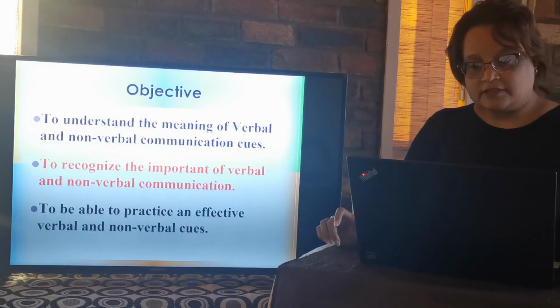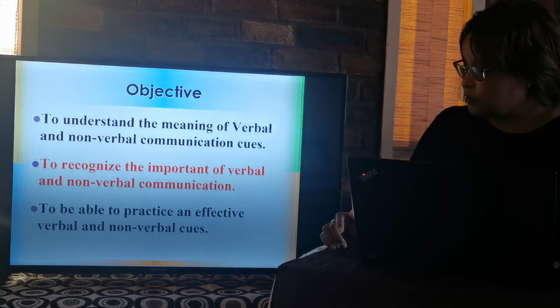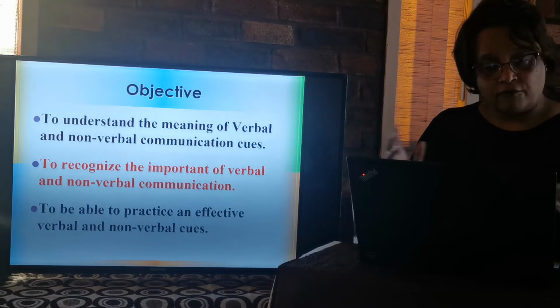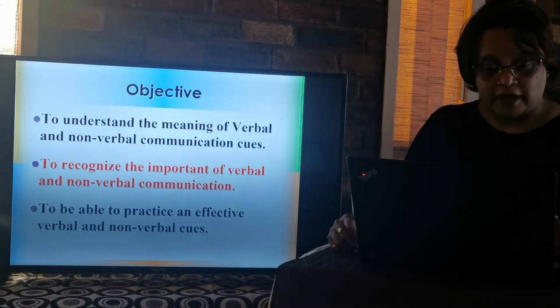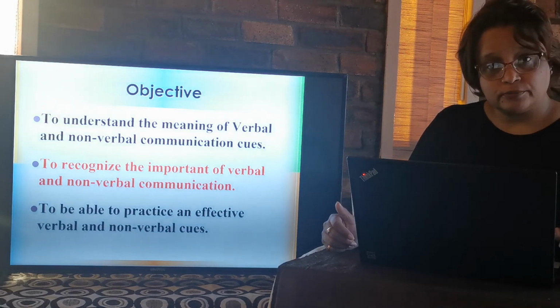The objective is to understand the meaning of verbal and non-verbal communication cues, to recognize the importance of verbal and non-verbal communication, to be able to practice an effective verbal and non-verbal cue.